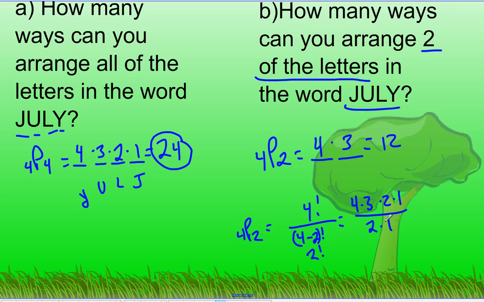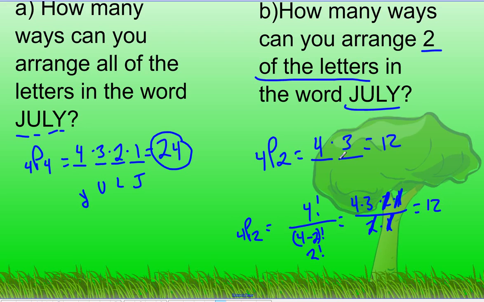Now, what they're doing here is you see what common factors do you have on the top and bottom of your fraction. Well, I can divide by 2 on top and bottom. If I divide by 2 here and here, they cancel. Divide by 1 and divide by 1. Look what's left over. Just 4 times 3, which equals 12.